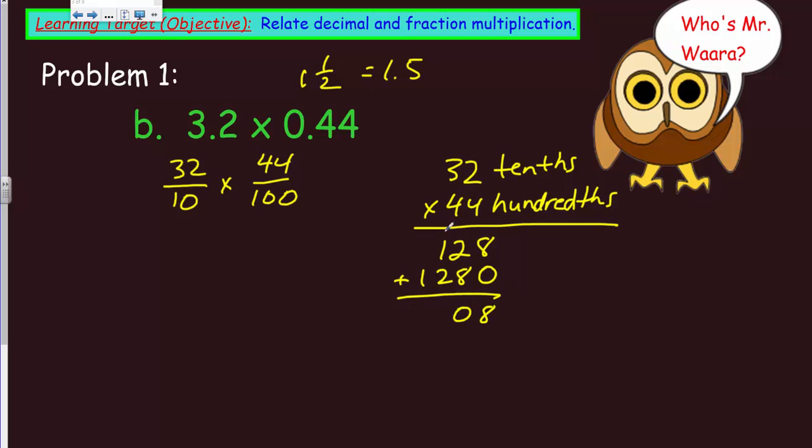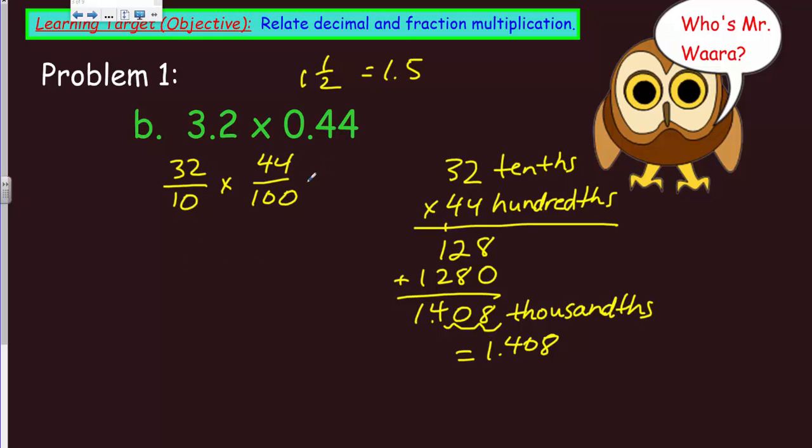Now we end up with 1,408. We had tenths here and we had hundredths here, but with our tenths and our hundredths, that's actually going to give us thousandths. Well, thousandths means that the decimal place is going to move 3 places to the left. See, 1, 2, 3. So we put the decimal place there. Now it becomes 1 and 408 thousandths.